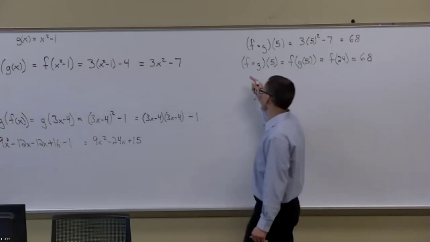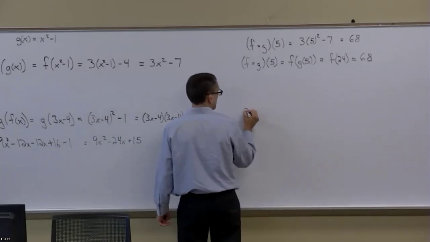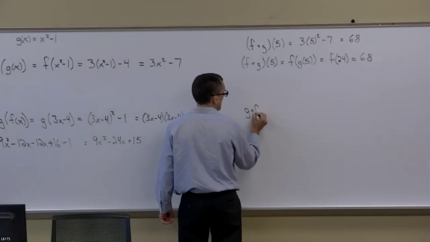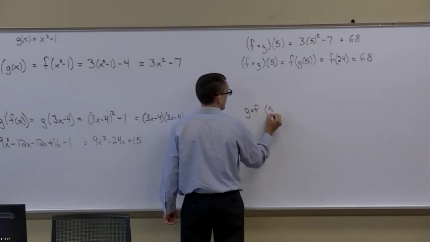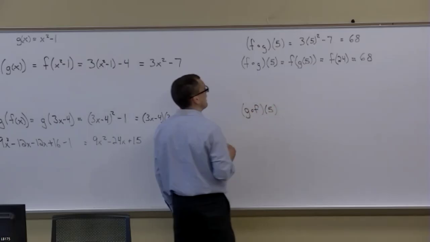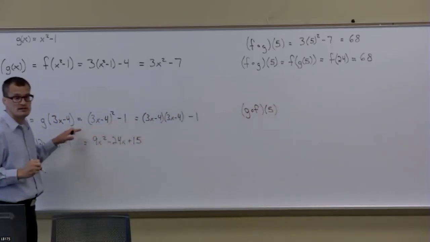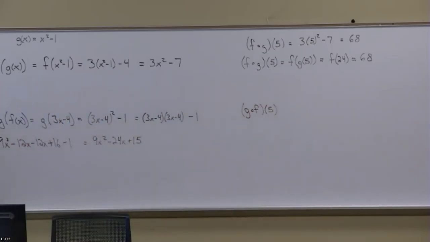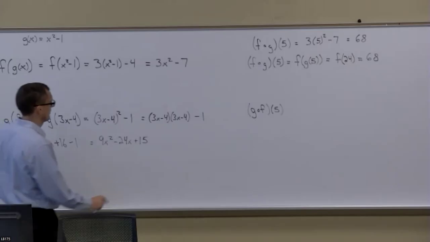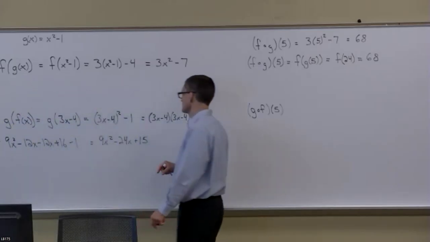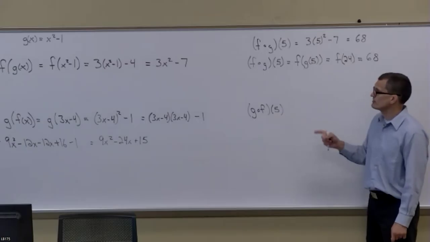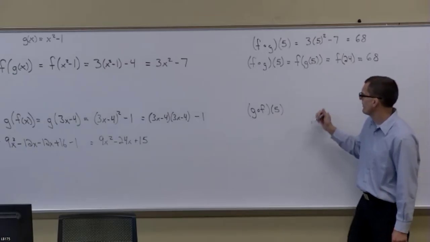That second option is probably a little bit faster if you were just asked to compose G of f of 5. So now we're on this one. And you didn't want to take a lot of time doing this multiplication here. It might be faster to just plug into f first.